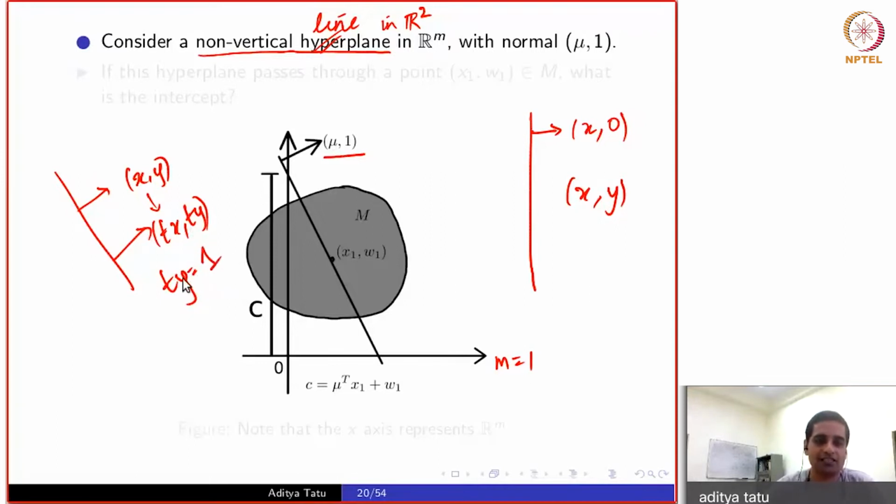As long as y is not 0, which it is not, since I'm only using non-vertical hyperplanes, there always exists a t such that ty becomes 1, and therefore the normal can always be written as mu comma 1.